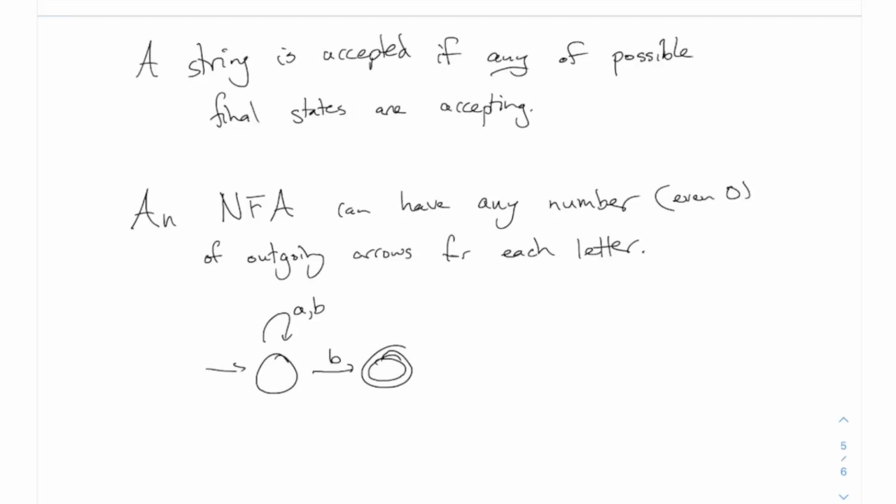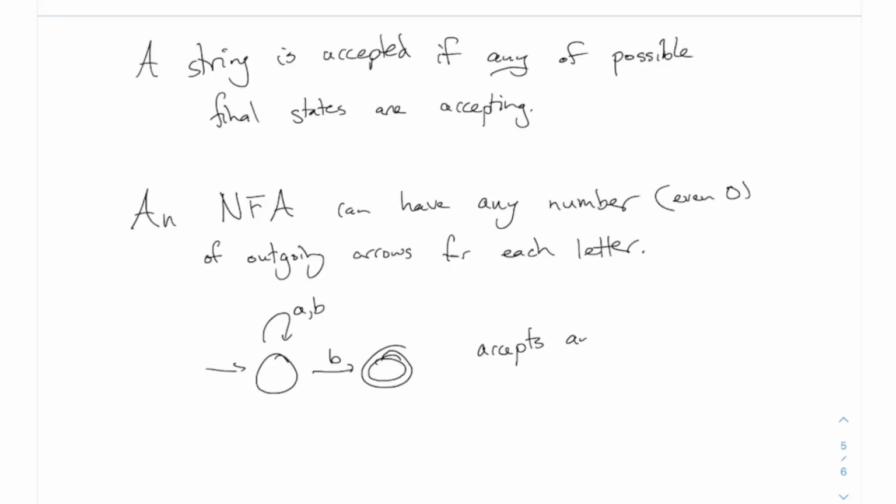Anything that ends with a B. So when I look at this picture, I say, what you can do is you can do whatever you want over here, and then have a B at the end, and it'll be accepted, right? This is what that means. Right? This accepts any string that ends with a B.